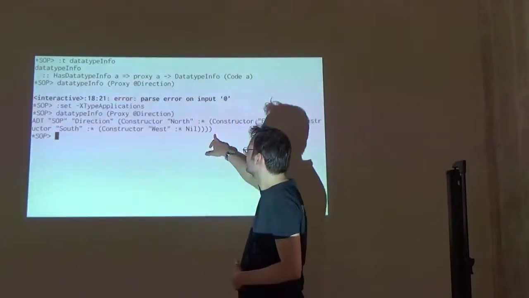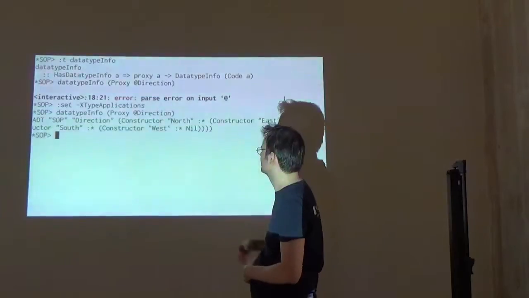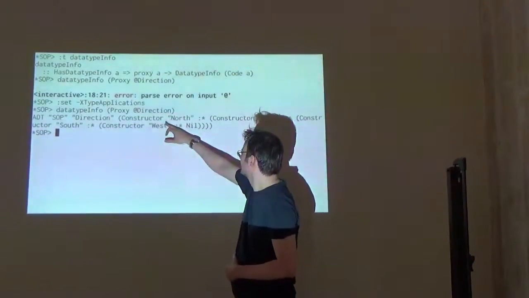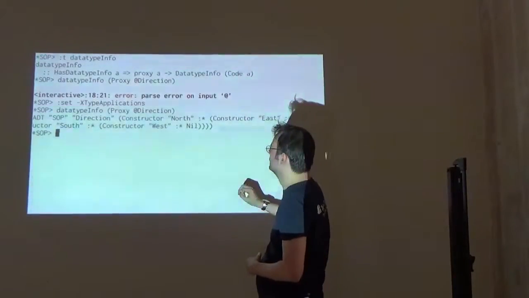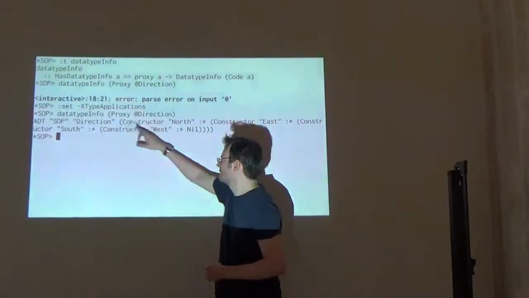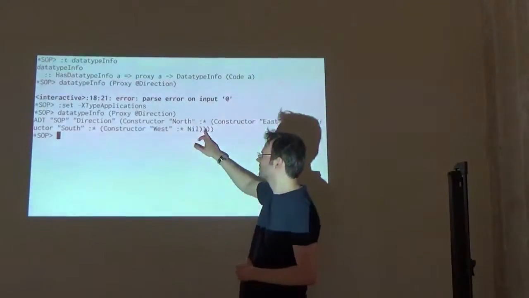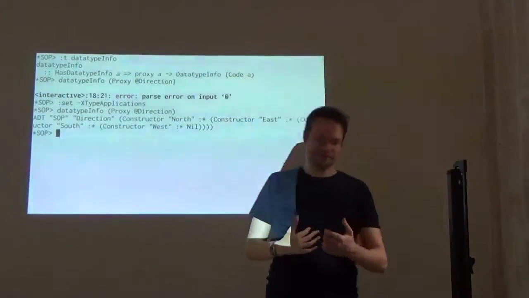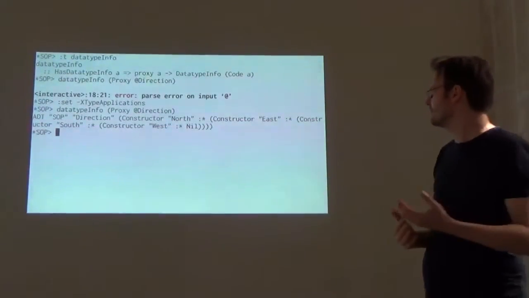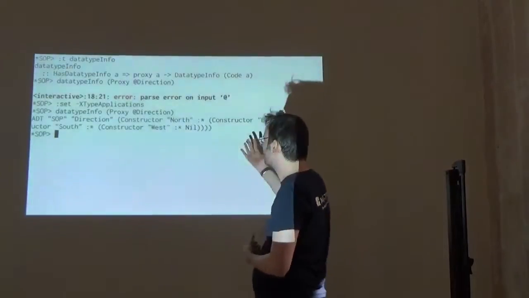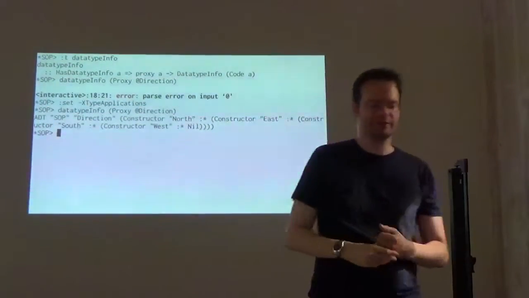So this is the product again of constructor information items, where you see that it has exactly 4 entries. And actually this is sort of type safe again in the sense that this is indexed by the code of the data type. So you're guaranteed that if the code of the data type says that the data type has 4 constructors, then this list will also have 4 entries. This gives you the names of the different constructors.